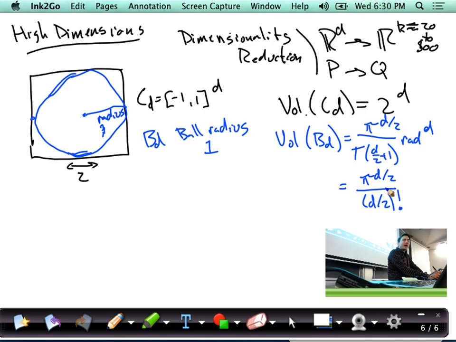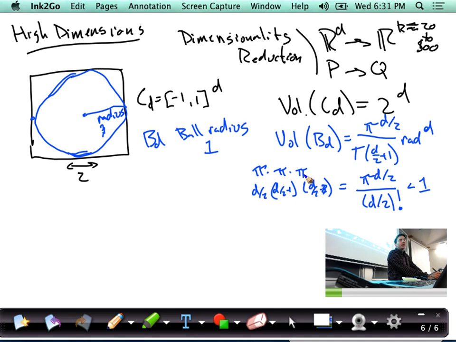So this number is still a little mysterious, but what you should see is that as D grows, this value will stay less than 1. And it's actually going to shrink as D grows. This is basically D over 2 times D over 2 minus 1 times D over 2 minus 2 and so forth, in the denominator, and pi times pi times pi in the numerator.